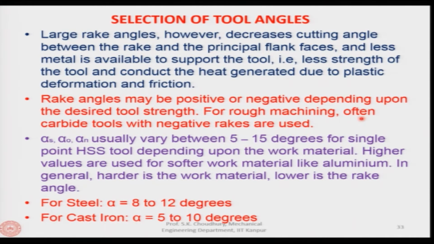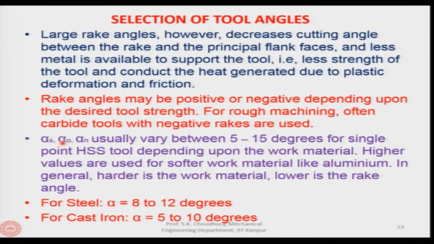For rough machining, often carbide tools with negative rakes are used, because in rough machining more heat will be produced. So we need more material for heat conduction, and higher tool strength, because the forces will be higher. To withstand the higher forces, the strength of the tool has to be higher.